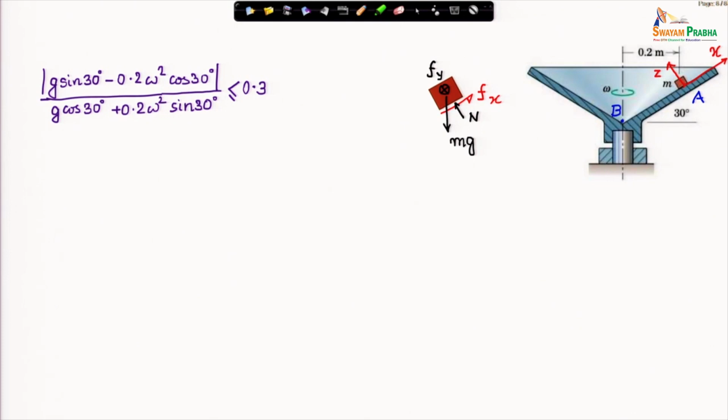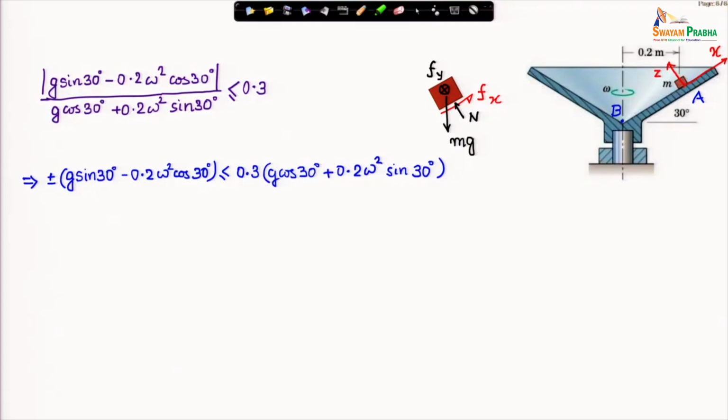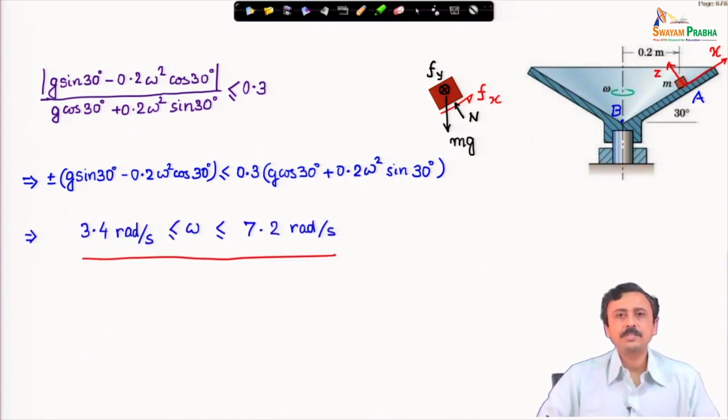The denominator you will notice is positive, therefore, I can take it to the right hand side without change of the inequality, and the mod value I will change by the plus or minus. And if you solve this inequality, you will obtain omega must lie between 3.4 radian per second and 7.2 radian per second. It should be interesting to note that omega should not be 0 or less than 3.4 radian per second, then the object will slip, and definitely it will slip inwards towards the center. So, that completes this problem.